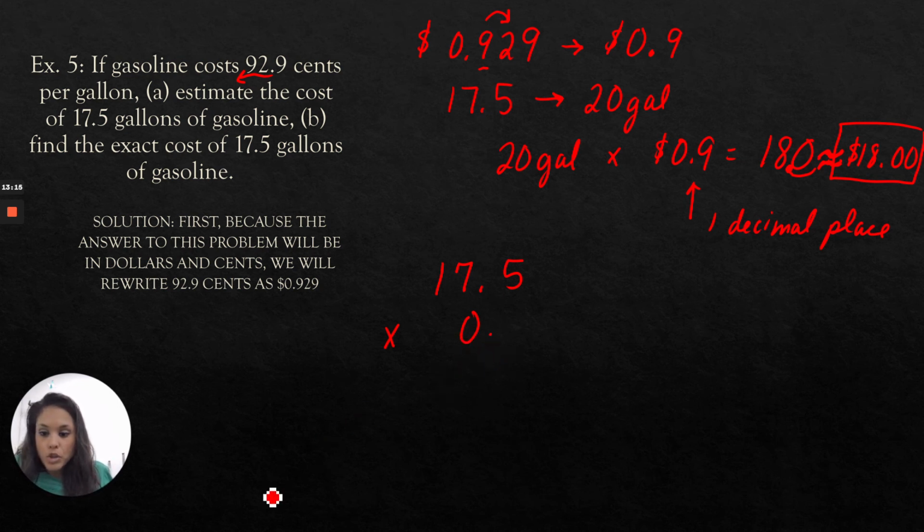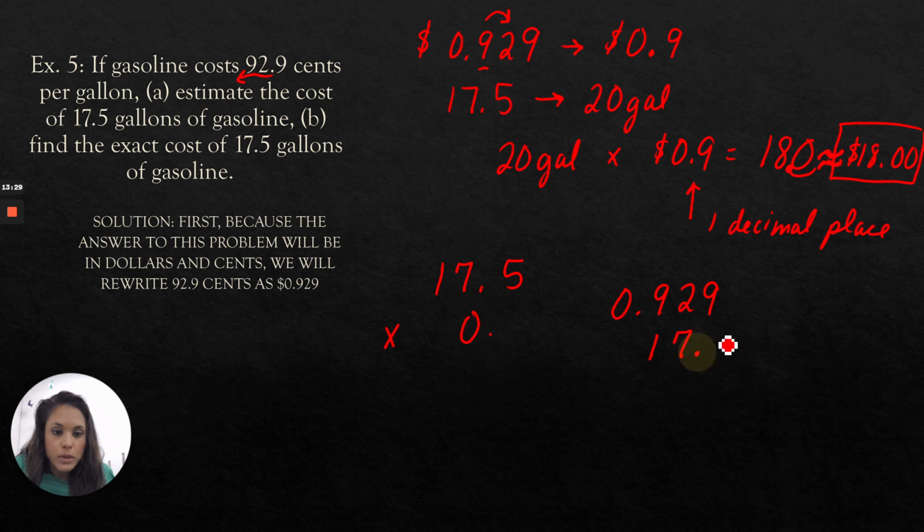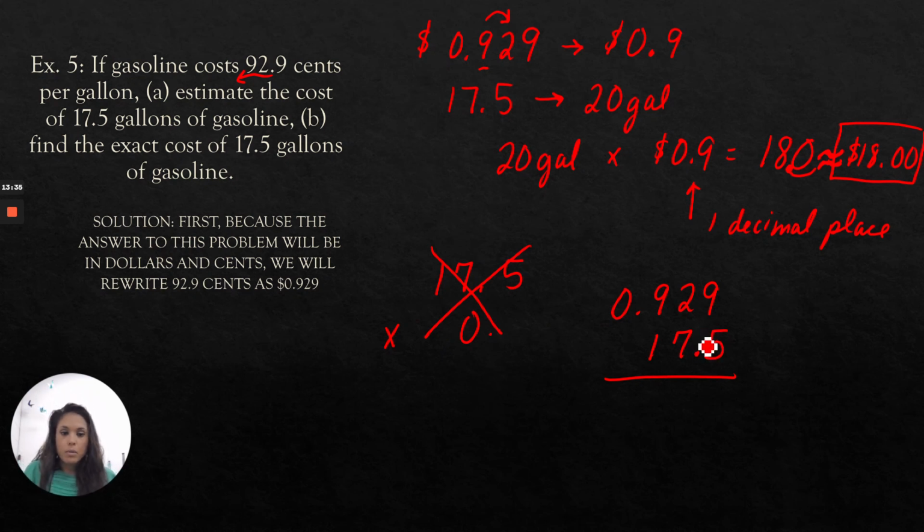I think I want to set it up where I have 0.929 on top. It just helps me out a little bit to have the number with more digits on top. Okay, so this is a little bit longer, but we can do this.